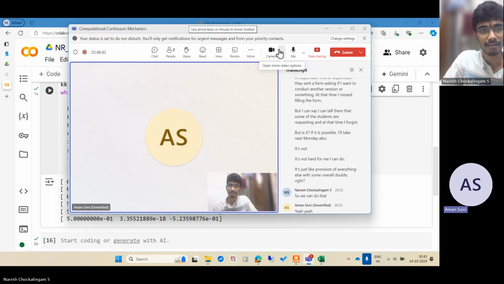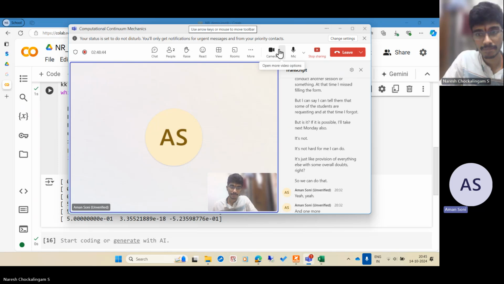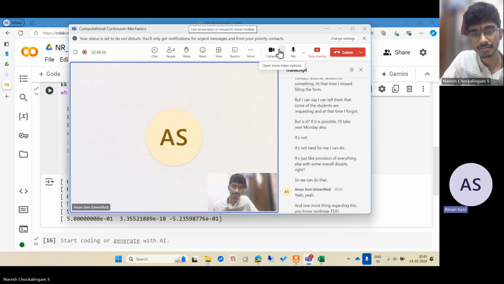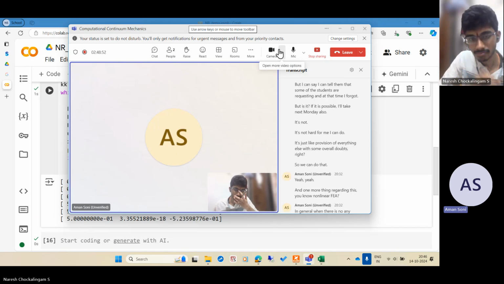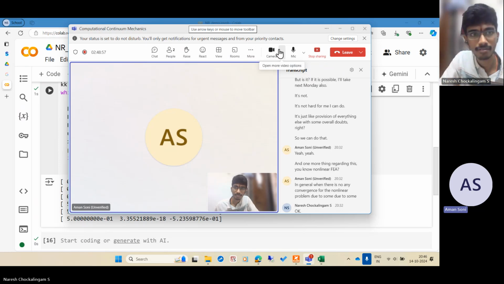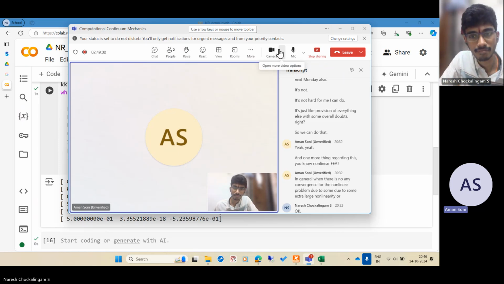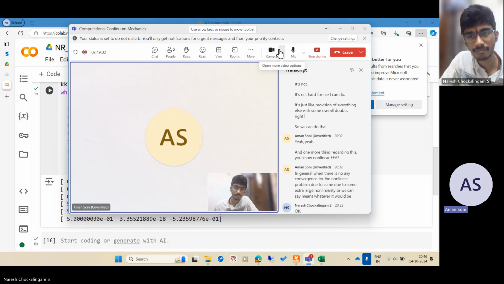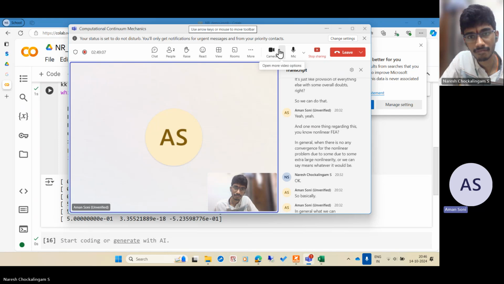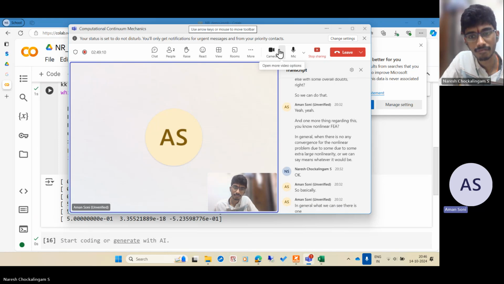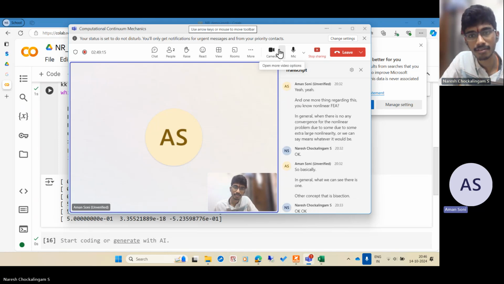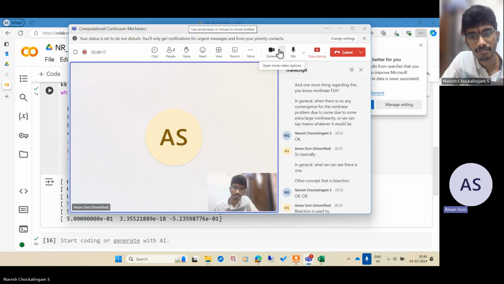And one more thing regarding non-linear FEA. In general, when there is no convergence for a non-linear problem due to some extra large non-linearity, there is one other concept, bisection, that is used by any commercial simulation software.